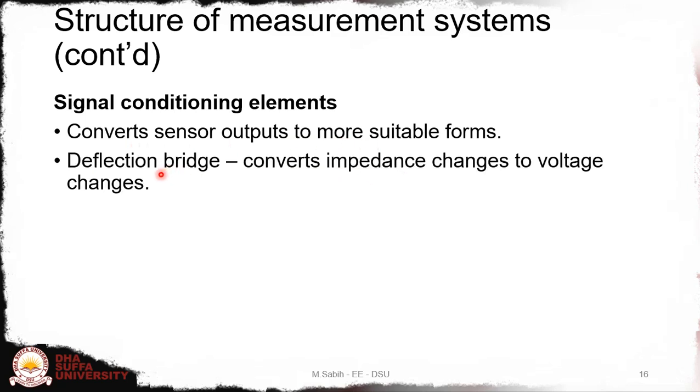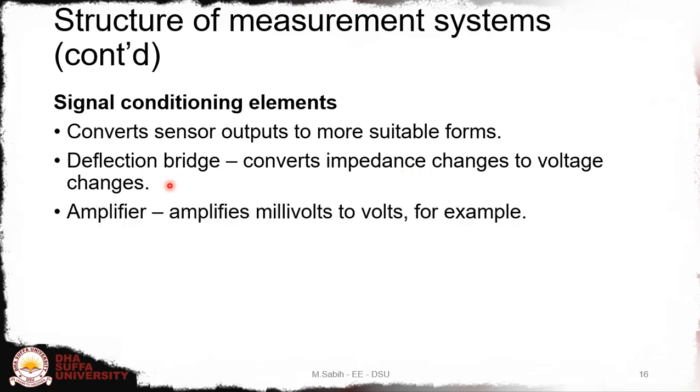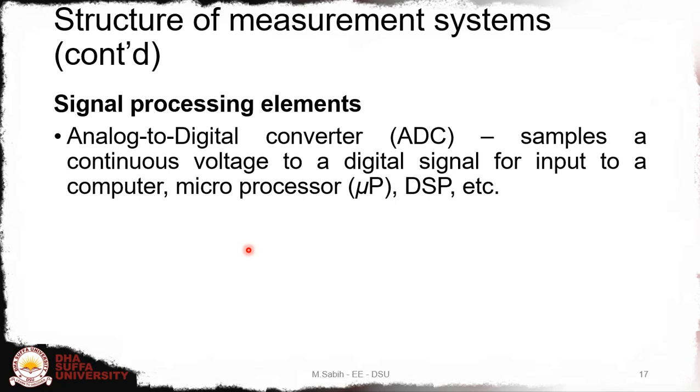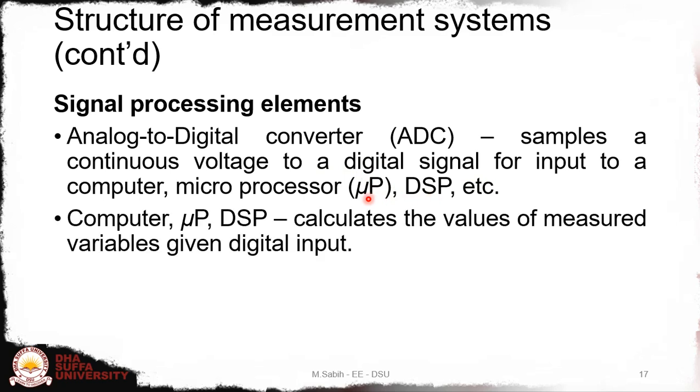And we have deflection bridges, which convert impedance changes into voltage changes. We have amplifiers, which amplify the millivolts to volts. And oscillators, which convert the impedance change into a variable frequency voltage. Then in signal processing elements, an analog to digital converter is also a kind of signal processing element, which converts analog to digital and takes it to the DSP or the microprocessor or computer.